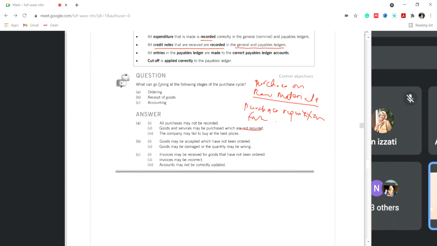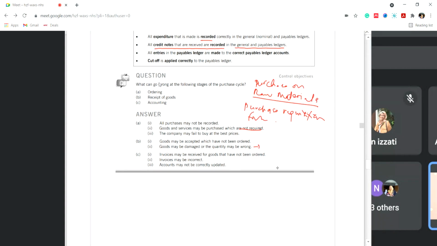So that is why the auditor sets the objective of each audit process and activity. The company may fail to buy at the best price. For the receipt of goods, goods may be accepted which have not been ordered. Goods may be damaged or the quantity may be wrong, if it is not checked when received.